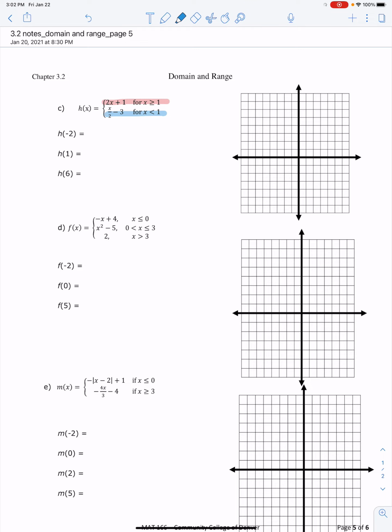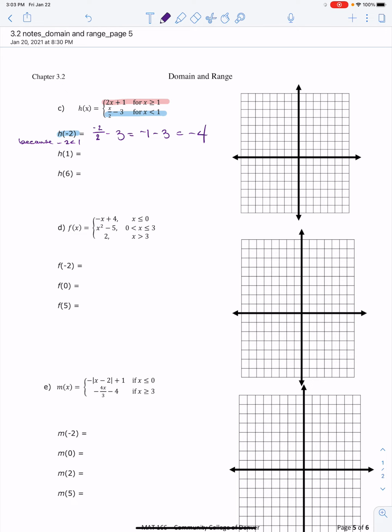That is definitely the negative 2 is less than 1. And so I'm going to write that, because negative 2 is less than 1. And so we're using the bottom expression, negative 2 over 2 minus 3 gives us negative 1 minus 3, which is negative 4.